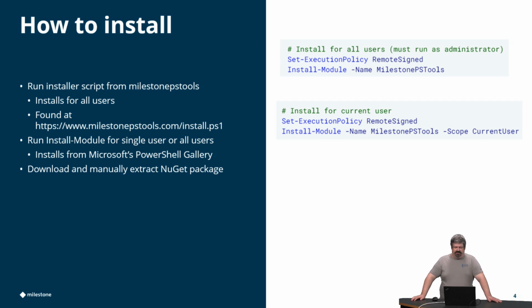That'll install it either for a single user or for all users, depending on whether you set the scope or not. Or if you need to run this on an air-gapped system, there is a NuGet package you can download and manually extract. But I definitely don't recommend that unless you really need to, because it is more than a little complicated.